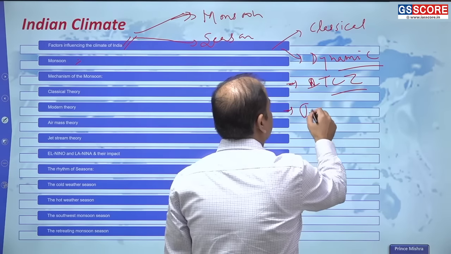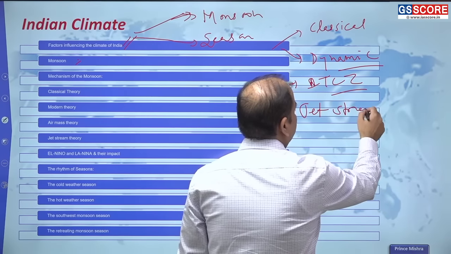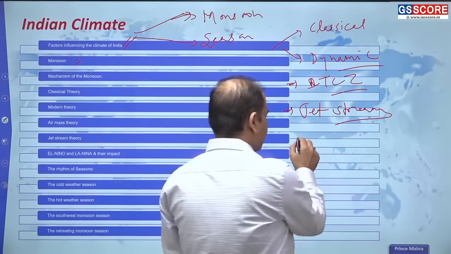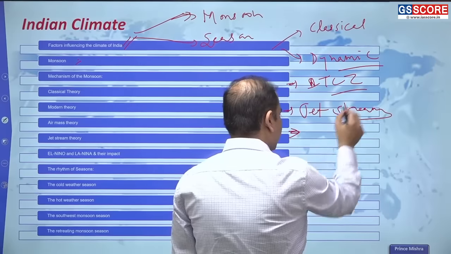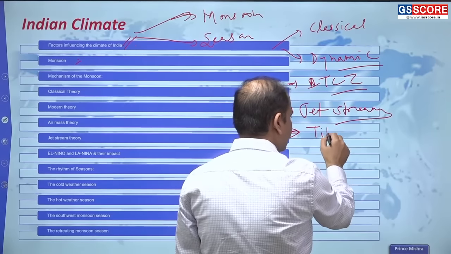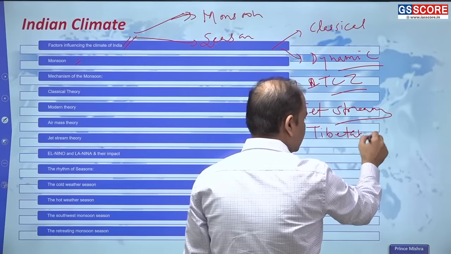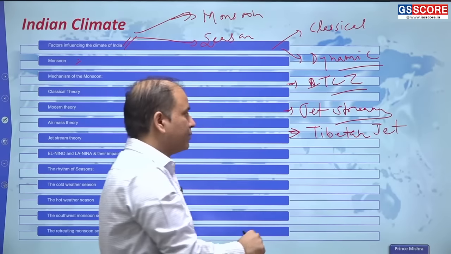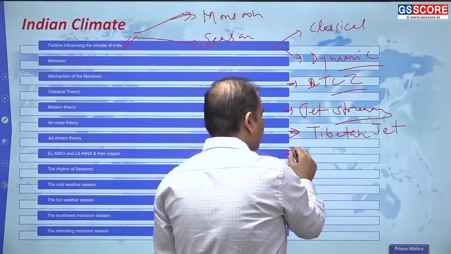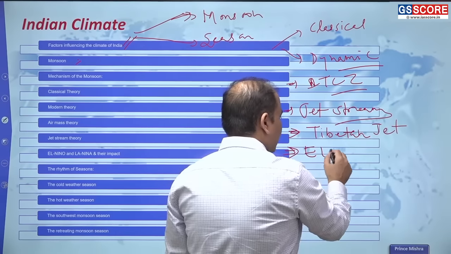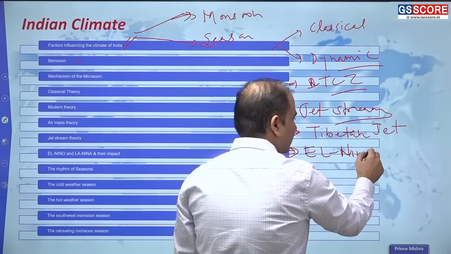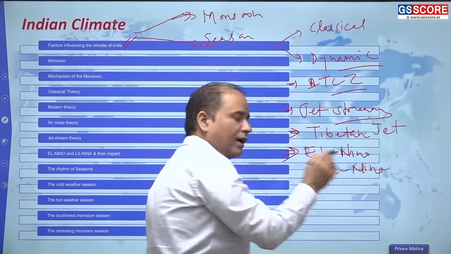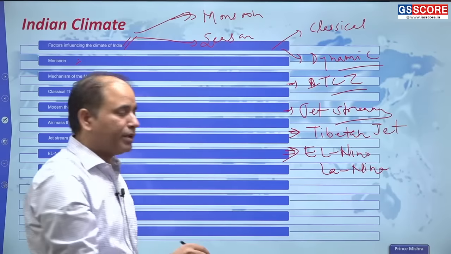Then also the jet stream, how the jet stream is affecting the monsoon. So ITCZ, jet stream, then the Tibetan jet, the role of the Tibetan jet over the Indian monsoon. Other than that, we also have El Nino and La Nina phenomena, their role over the Indian monsoon.